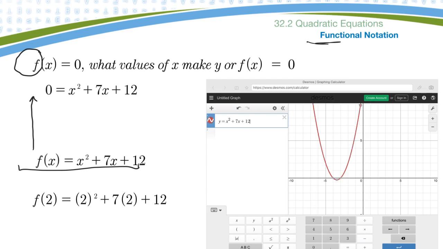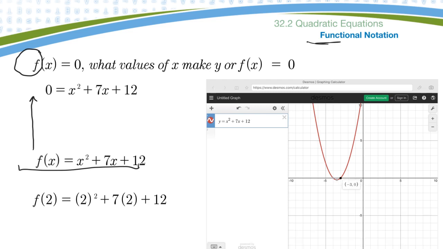There we go, right there. So what I'm looking for when I solve is I want to figure out what this point is right there and that point right there. So when I solve this quadratic equation, the one with the 0 in it, I'm looking for those 2 points.